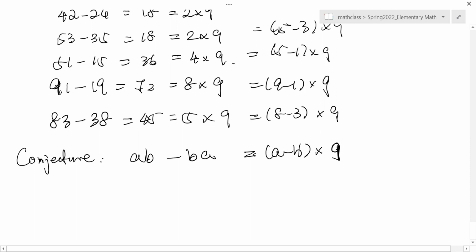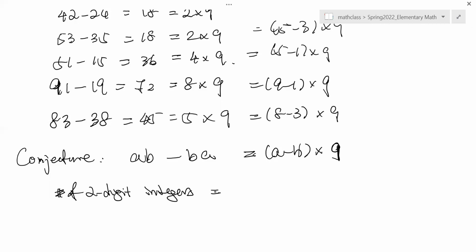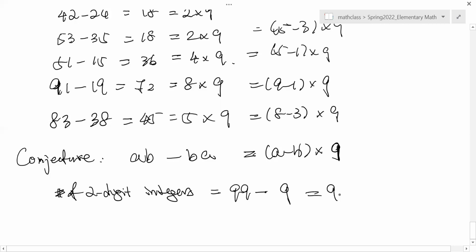But they usually don't have time to check all of them. Question: how many two-digit numbers are there? The number of two-digit integers is going to be 90, because 99 minus 9 is 90.